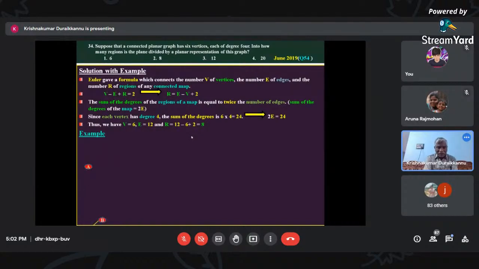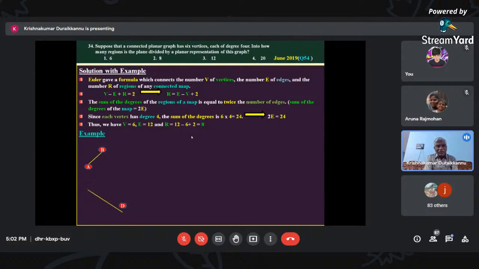Let's look at this. I have A, B. An example is used to understand this concept. So here there are 6 vertices.